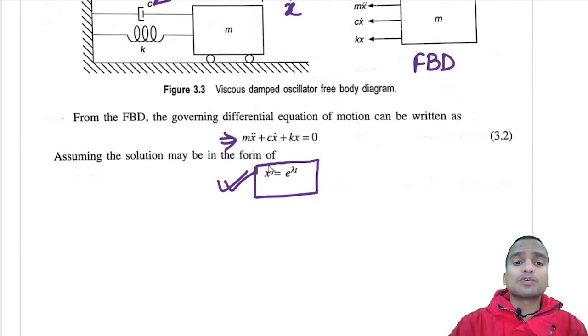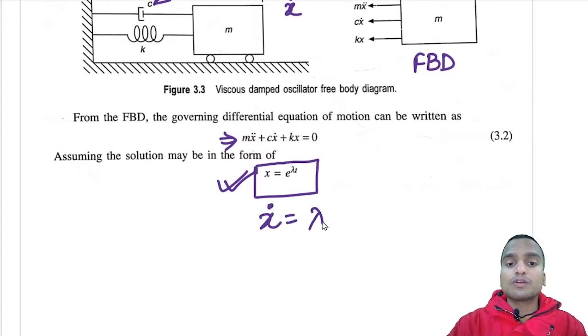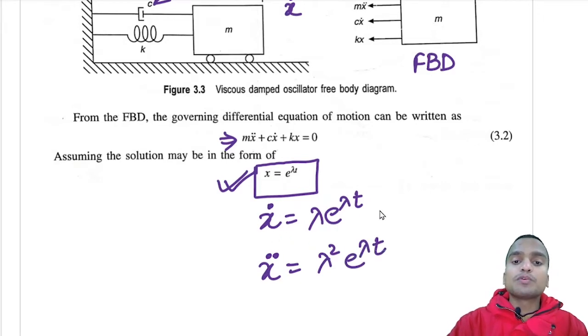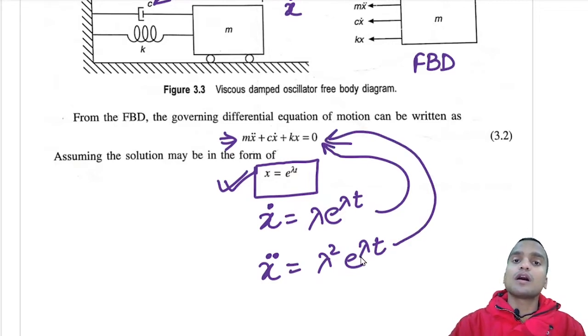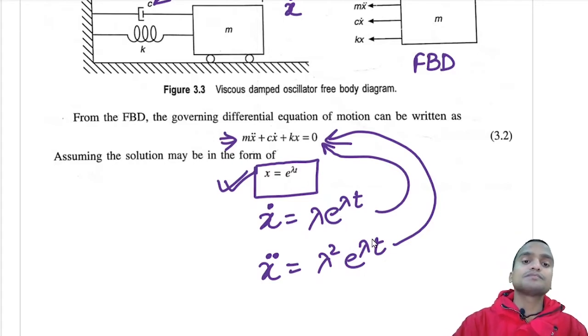You can put all the values by calculating x dot, which will be equal to lambda e to the power lambda t, and x double dot, which will be equal to lambda square e to the power lambda t. If we put these values in this equation, we will get LHS equal to RHS, finally equal to 0, okay?